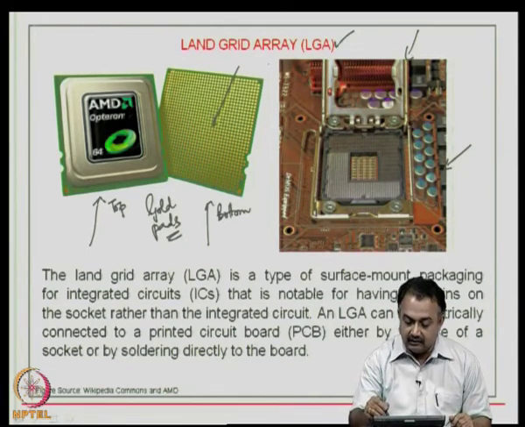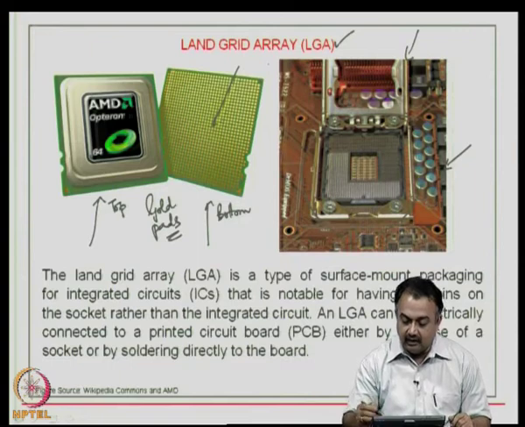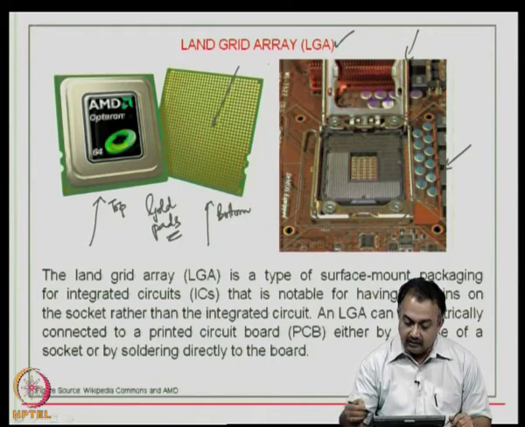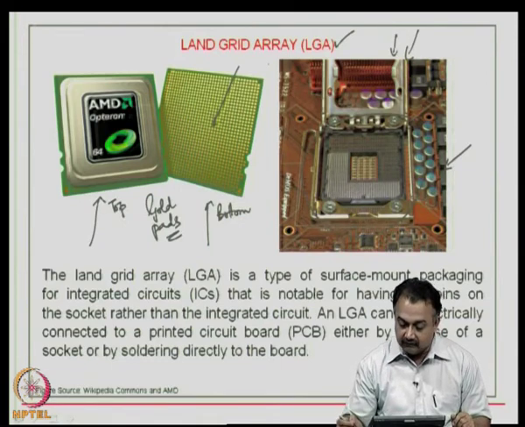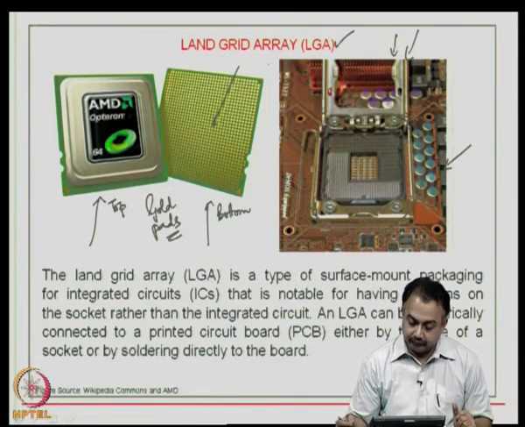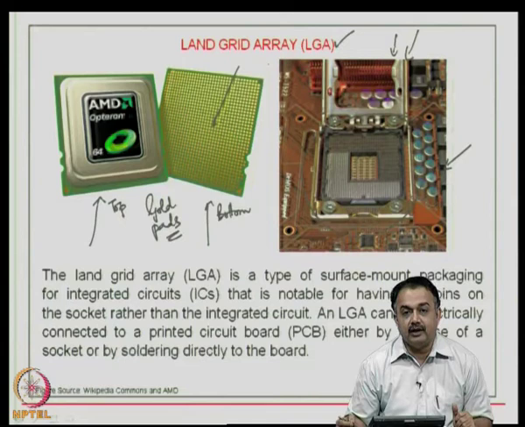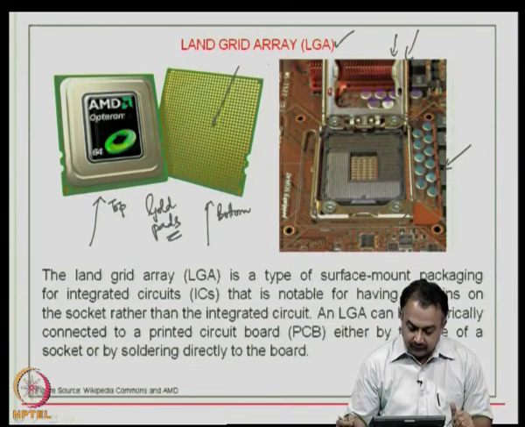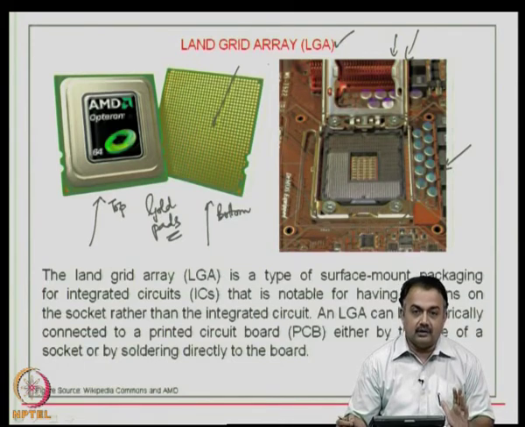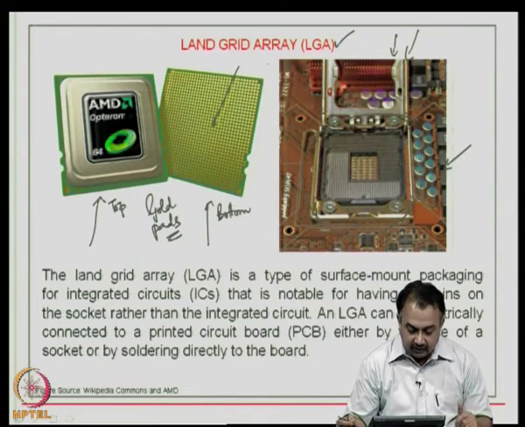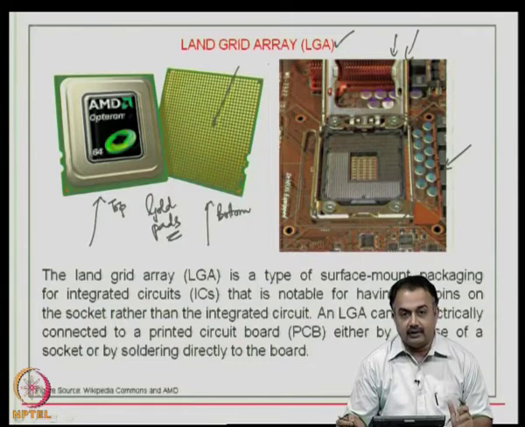So, you can see that it is a huge assembly here, and after the IC has been placed in the socket, you can close the lid sort of, and then make sure that there is complete perfect registration to the IOs of the pin and the processor. So, you can imagine that a printed wiring board contains this socket that is mounted, and then it is electrically connected to the Land Grid Array package by using a socket.